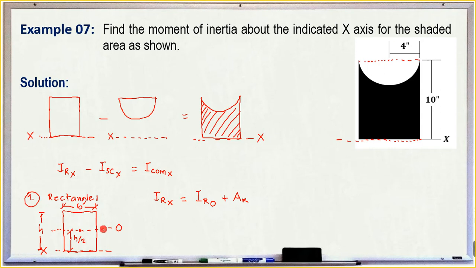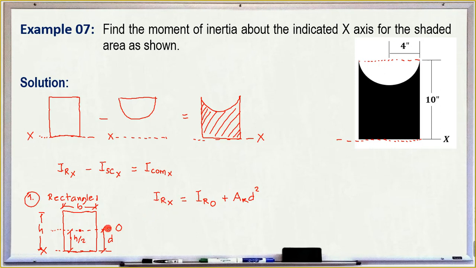So the distance here is defined as the distance of these two axes. Our reference axis is the centroidal axis, and then ang axis of interest is the x-axis. So the distance between these two axes is defined as d, and we're going to take the square of this distance, so d squared. This is the formula for the transfer of axis, or it is also known as the parallel axis theorem.